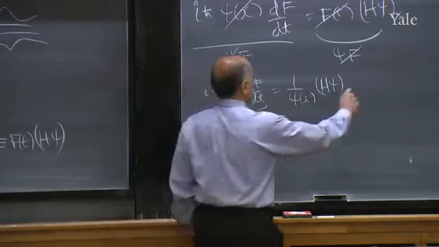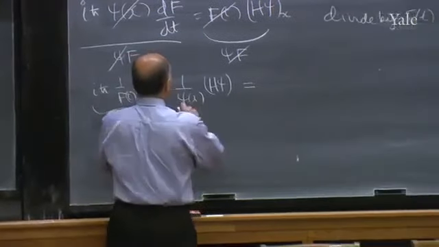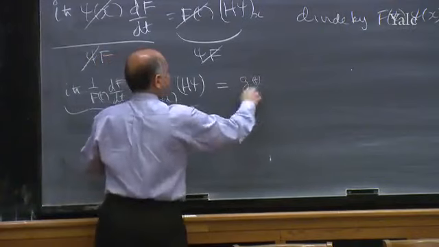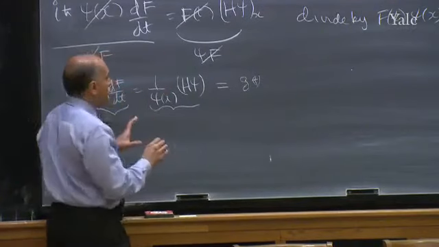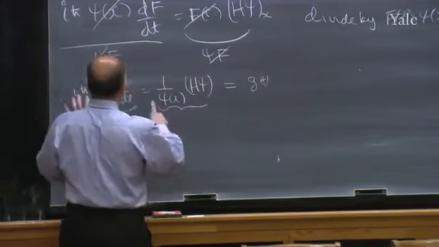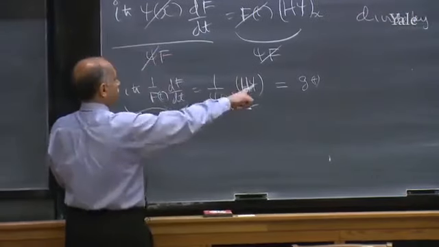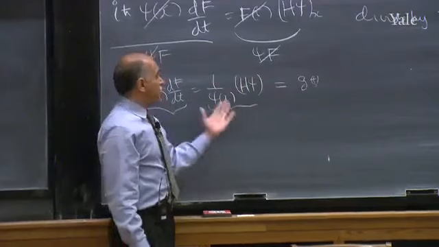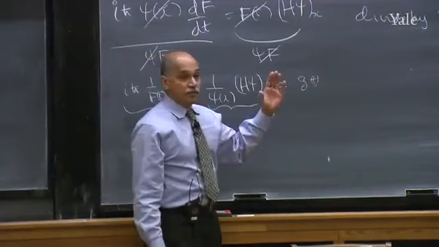What can they be equal to? They cannot be equal to a function of time, because then, as time varies, this part is okay. It can vary with time to match that, but this cannot vary with time at all, because there is no time here. So this cannot depend on time.